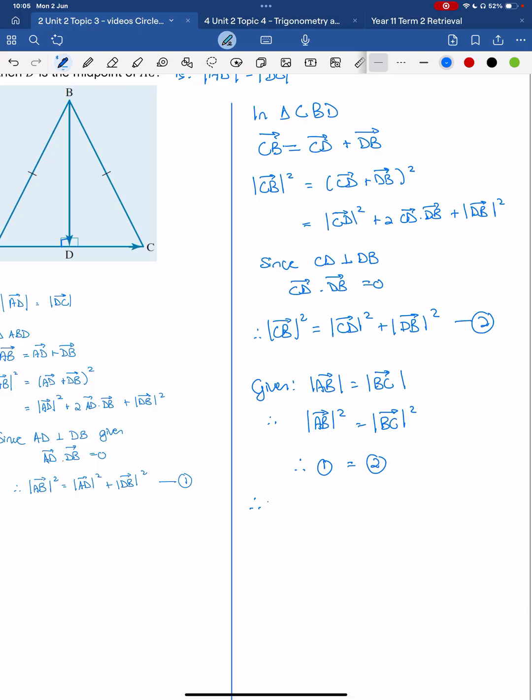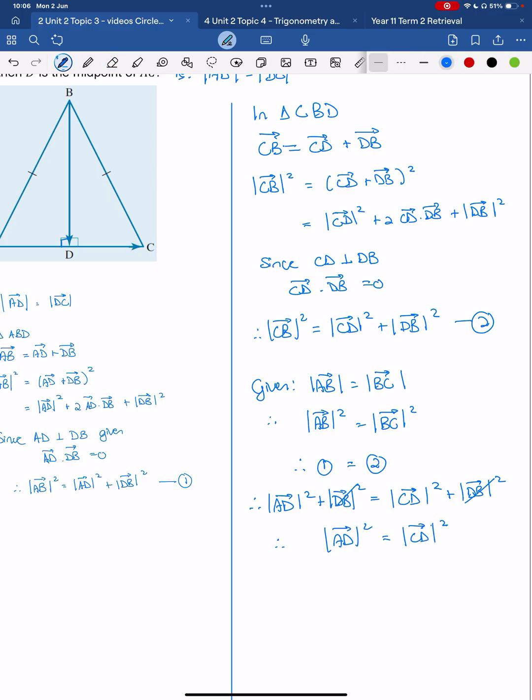So therefore, AD squared plus DB squared is equal to CD squared plus DB squared. The DB's cancel, and therefore the magnitude of AD squared is the magnitude of CD squared.